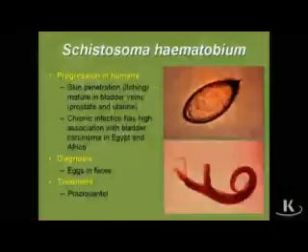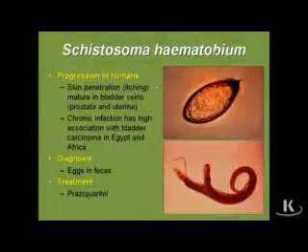So now you have another one to add to the list, Schistosoma hematobium with bladder cancer in Egypt and Africa. How are you going to diagnose it? You're going to look for the eggs, again, in the feces, and note that hematobium has a terminal spine, okay? And you're going to treat it with praziquantel, just like we did for the intestinal schistosomes.